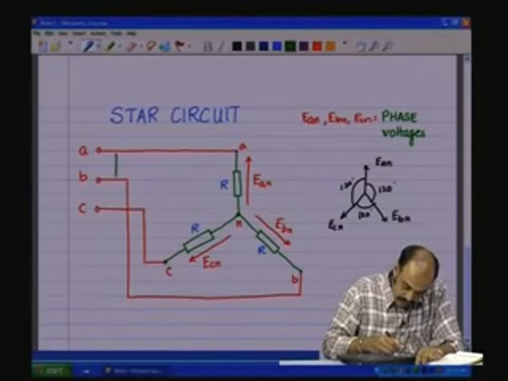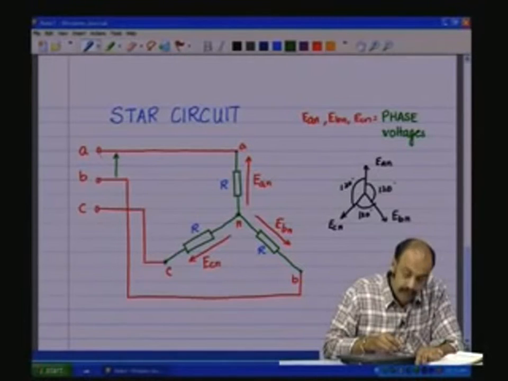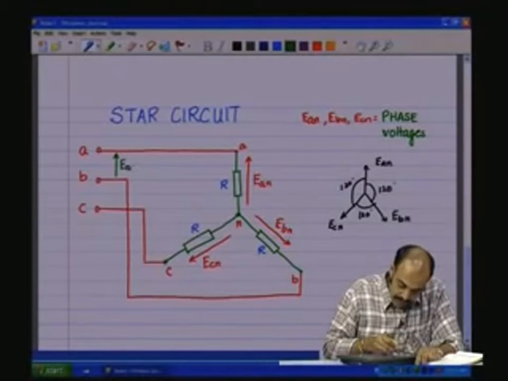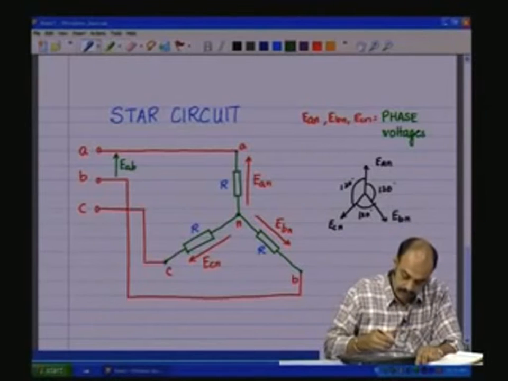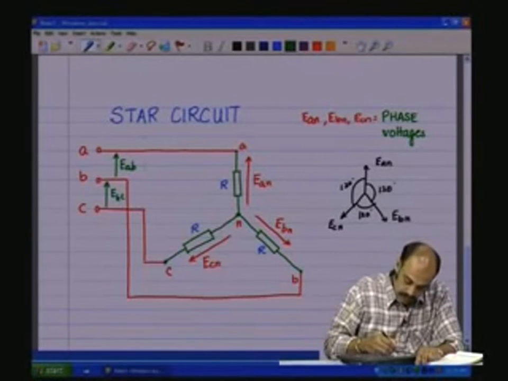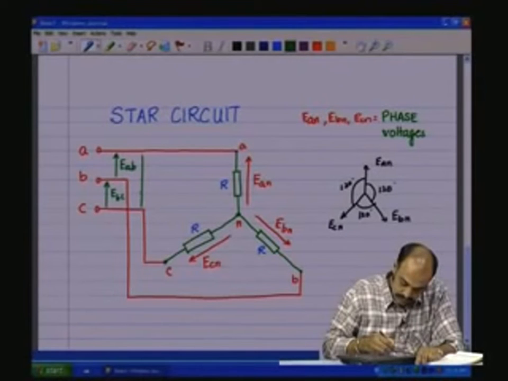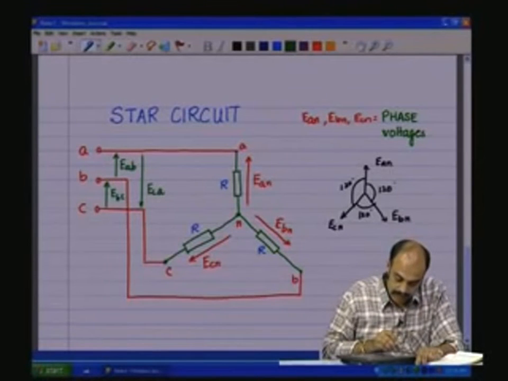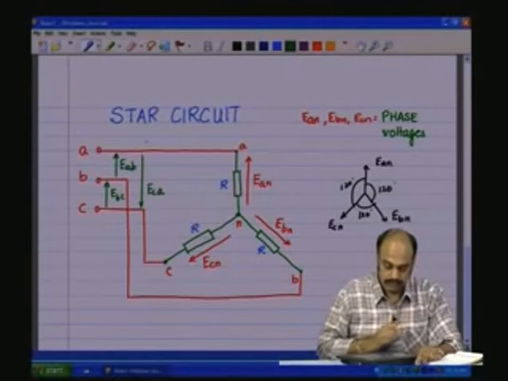Now, this voltage between these two lines, this is called EAB, and this voltage is called EBC, and this voltage is called ECA cyclically, A to B, B to C, C to A. Okay.